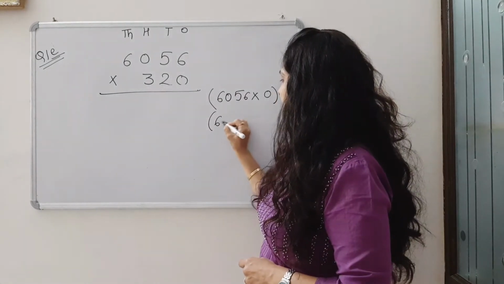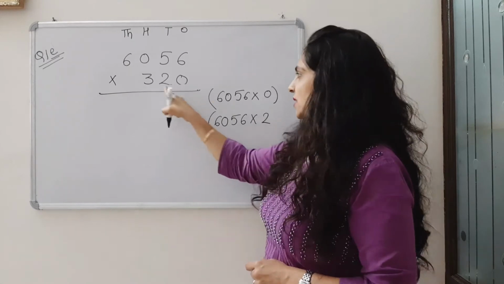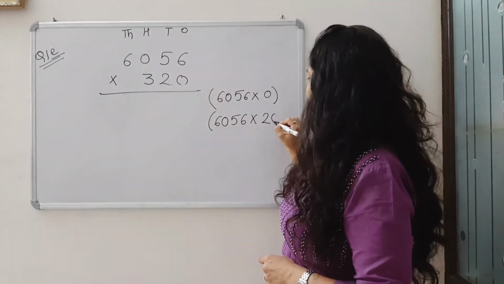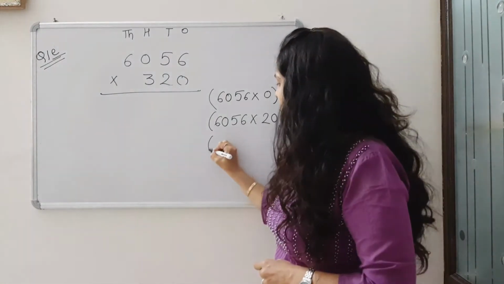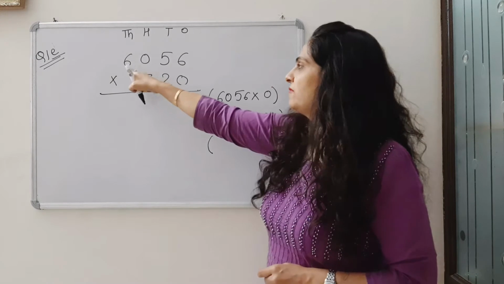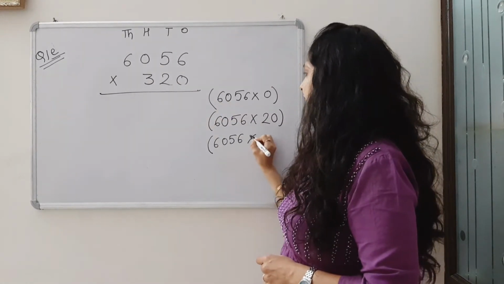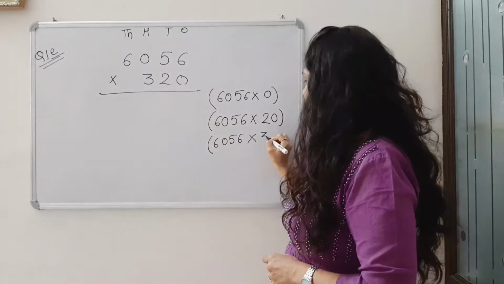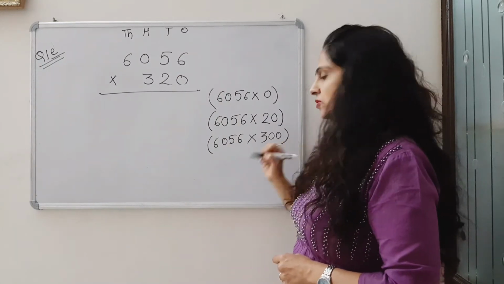In the second step we will multiply 6056 by the 10's place digit, that is 2, and its place is 10's. So for it we will write 0 over here. Clear? Now in the last multiplication step we will multiply 6056 by the digit at 100's place, that is 3, and it is at 100's place, so we will add 2 zeros over here.